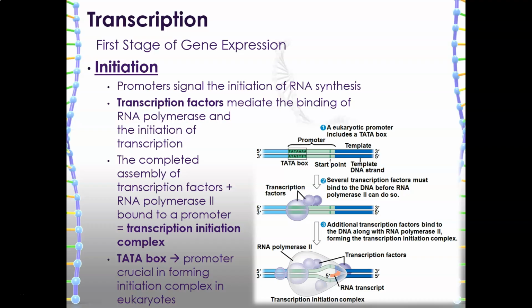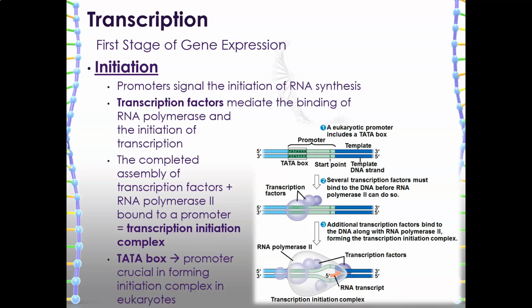So let's dig into this a little deeper. If I look at initiation, promoters are the signals to tell RNA polymerase where the start of the gene is, right? There are transcription factors, other proteins that your cells create, that help to mediate the binding of that RNA polymerase. RNA polymerase doesn't really do a good job of sticking to these promoter regions and actually starting to open up that DNA molecule for transcription to occur without these transcription factors.